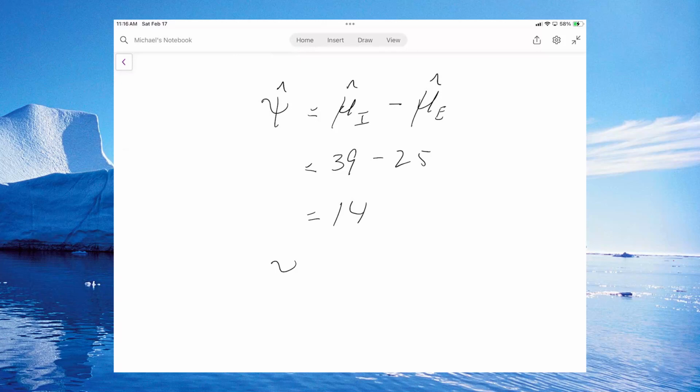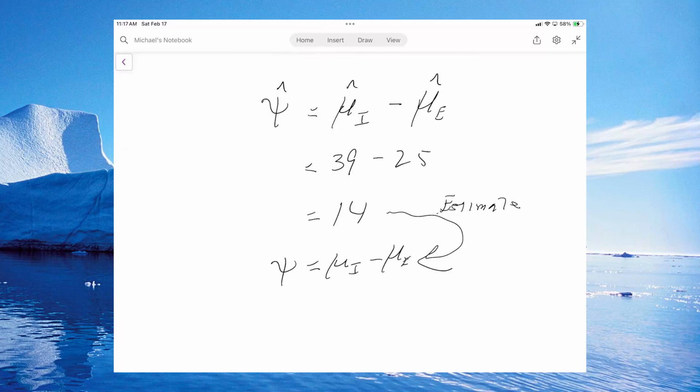But obviously what we're really interested in is what is this equal to, that is without the hats on it. So our 14 is our best estimate of what this is. It's our best guess, best single guess.